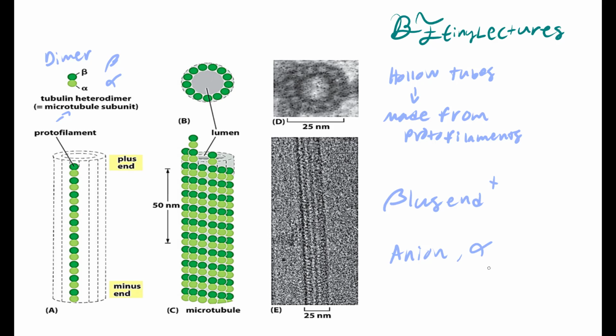So we have that. But notice that really, they're not negatively charged, and they're not positively charged, okay? This is just convention, right? So scientists wanted to make this easier to learn. So they say, okay, well, what if we just treat them like they have charges? They really don't. But it's just easier to remember that the plus end has the beta.